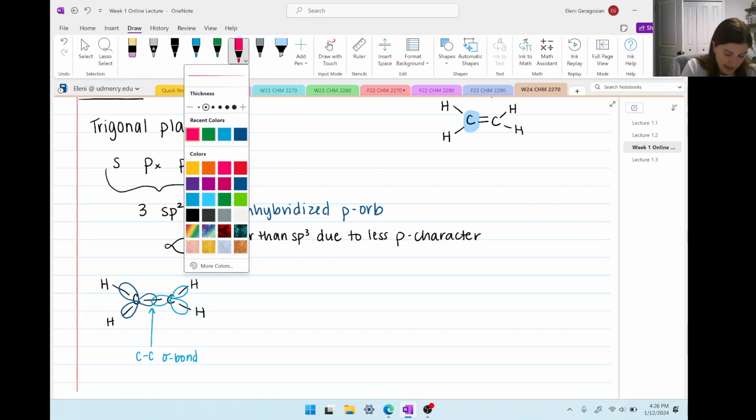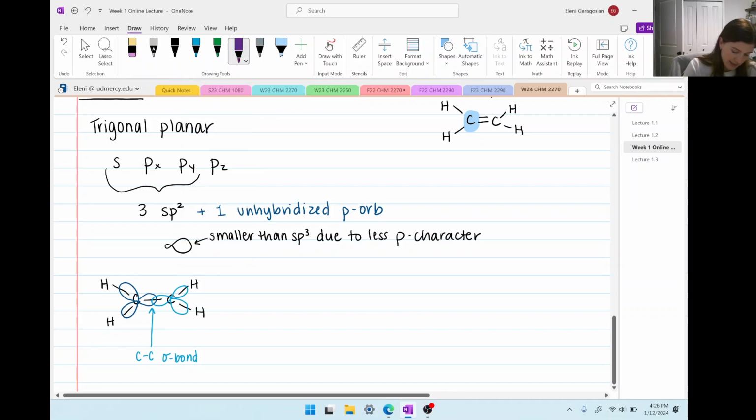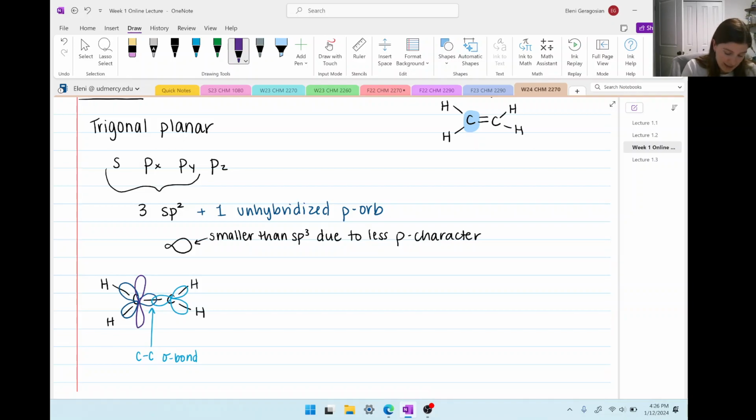Now each carbon atom also now has an unhybridized p orbital. So if we draw that in, I'll shade it to make it stand out a little more. So we have an unhybridized p orbital on this carbon, unhybridized p orbital on this carbon. Now these two orbitals overlap. We can draw that with a kind of curved line to connect them. And this is what forms the pi bond. So the overlap of unhybridized p orbitals forms a pi bond.